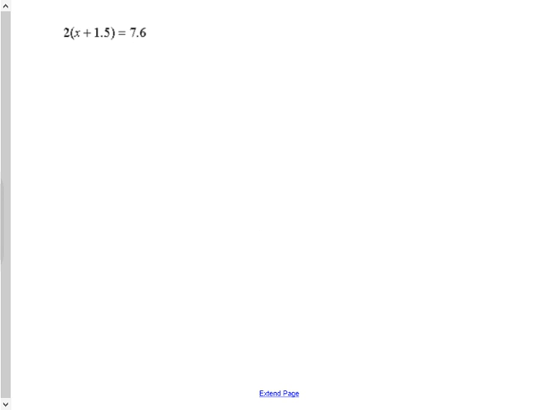Question 2 just gives us a question and asks us to solve it. How many of you expanded using distributive property? How many of you just divided both sides by 2 to start? The majority. Let's do it this way. So instead of saying 2 groups of x plus 1.5, I have 1 group of x plus 1.5 is equal to 3.8.